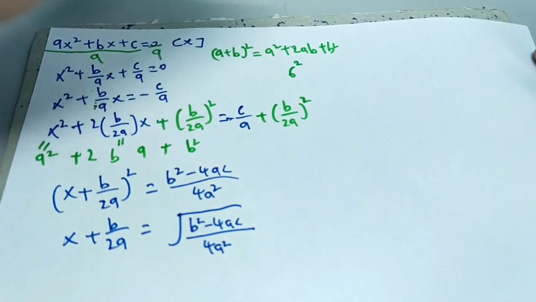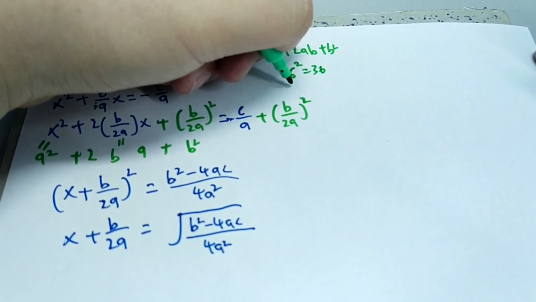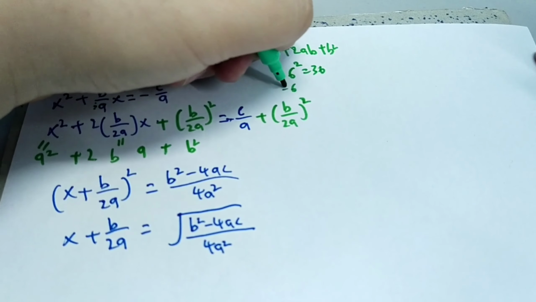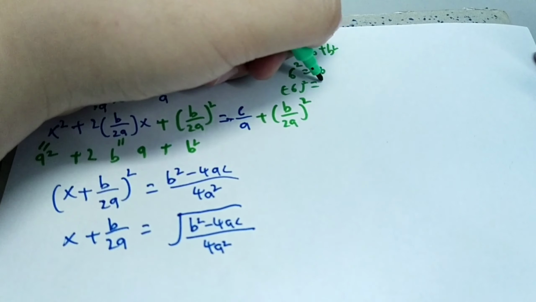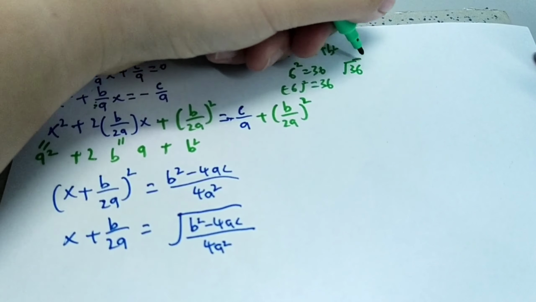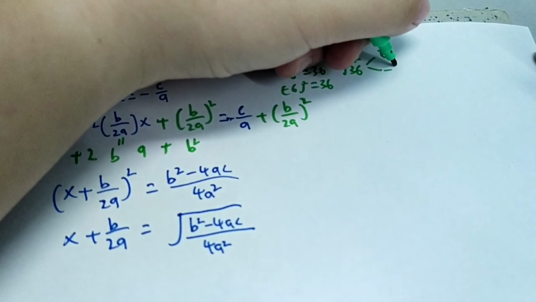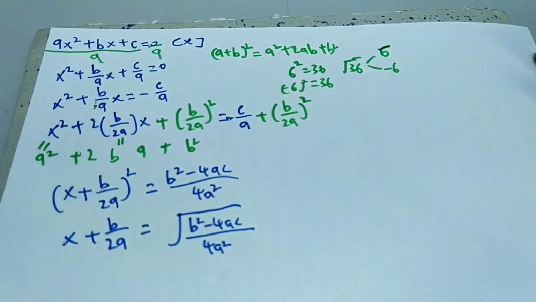When you square 6, you will get 36, right? What about negative 6 squared? It is still equal to 36, right? Which means that when you square root a number, you will get a positive version or a negative version. So you have two possibilities.